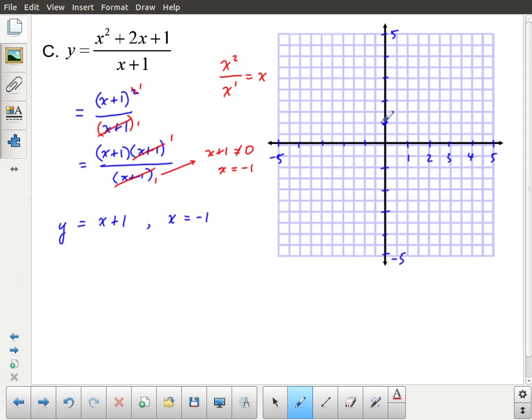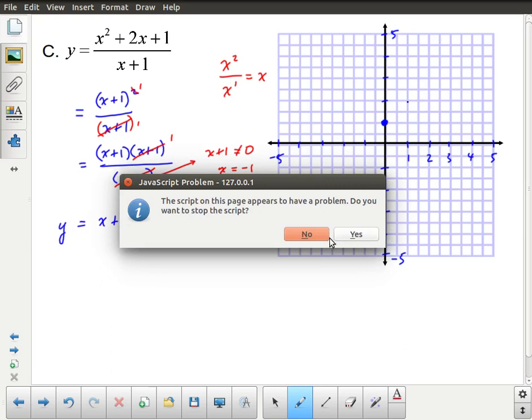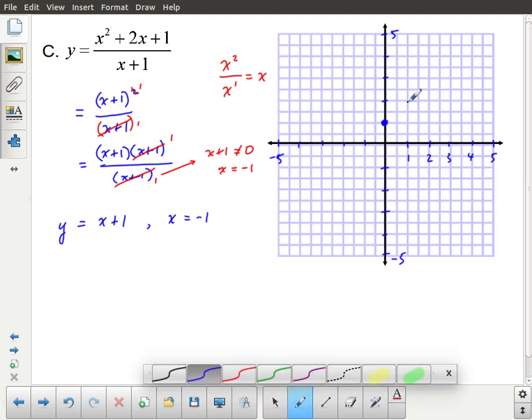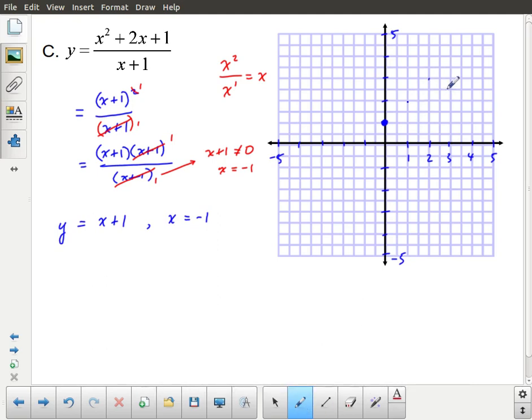So I've got a y-intercept at 1, which we get directly from the equation, and then over 1, up 1, over 1, up 1, over 1, up 1, left 1, down 1, left 1, down 1, left 1, down 1.